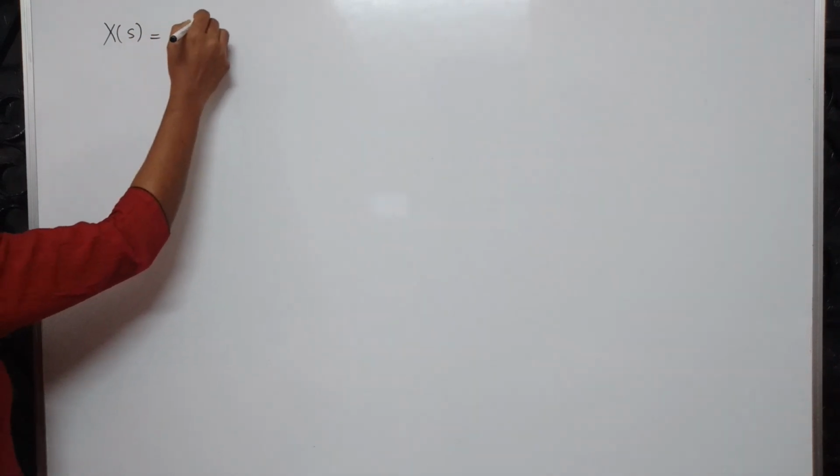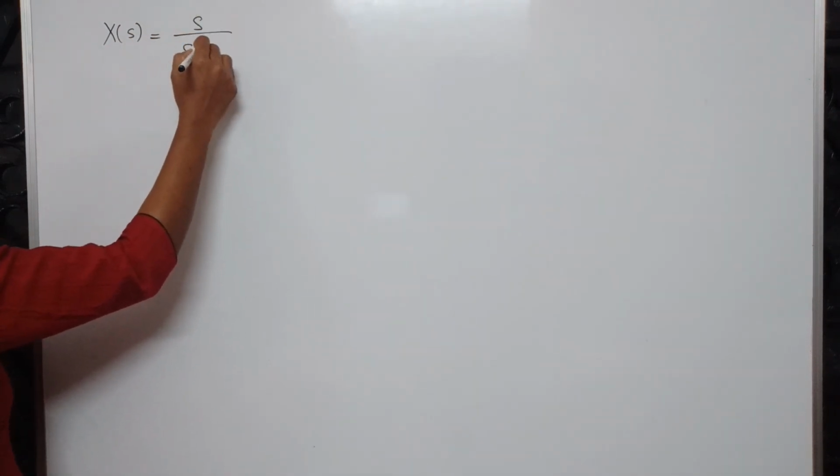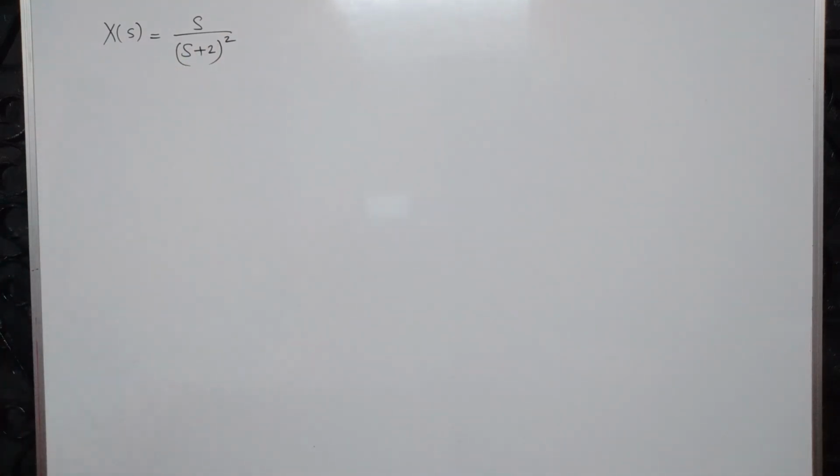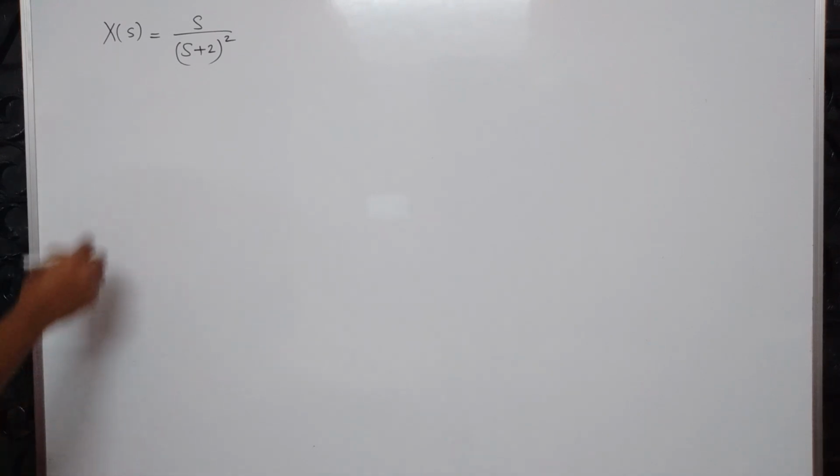The question is, find the inverse Laplace transform of X of s equal to s by s plus 2 the whole square. Now there are two methods to solve this. The first is by using the property and standard results.